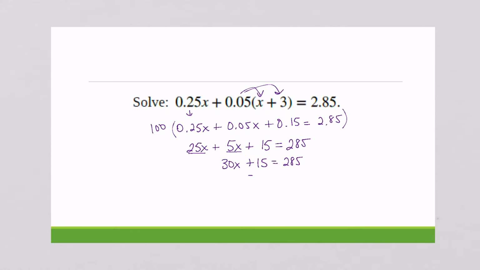And then I'm going to subtract 15. Divide by 30. X is equal to 9. So now, check your work.